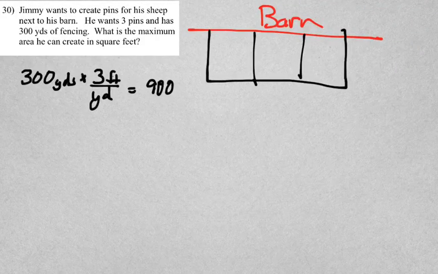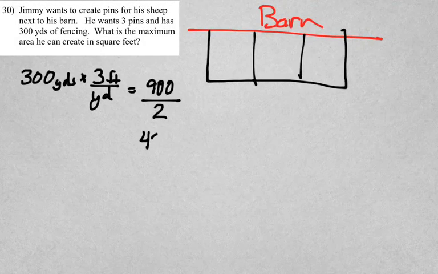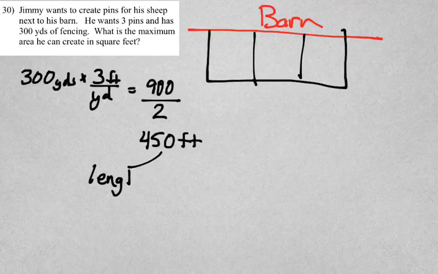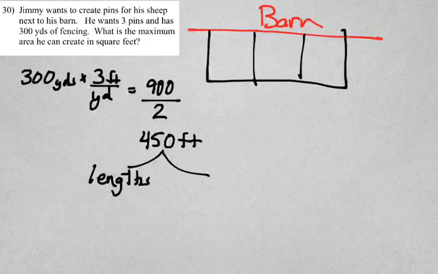Since we have the barn and we have dividing walls, since there's something else in the problem besides just the 4 walls, that means I need to divide it by 2. And 450 feet get to be used for my length, all my lengths added up together. And the other 450 needs to be used for all my widths.